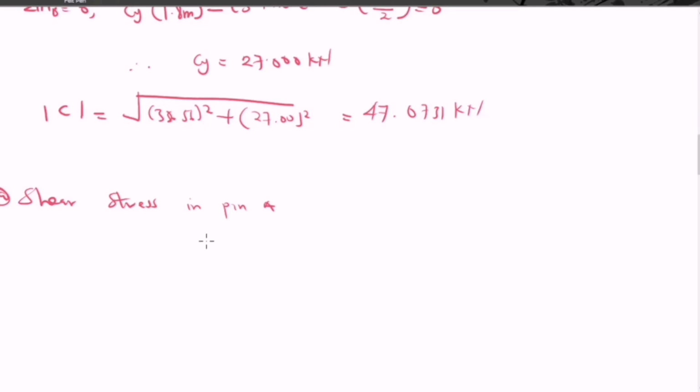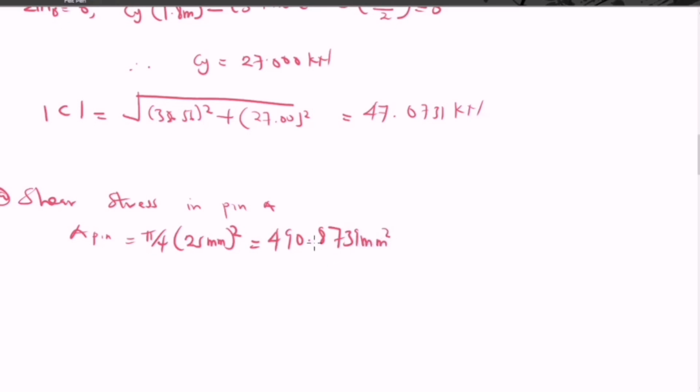So in that case, we try finding the area. Area of pin A will give you pi on 4 multiplying by the diameter, which is 25 millimeters squared. You are going to get 490.8739 millimeters squared.